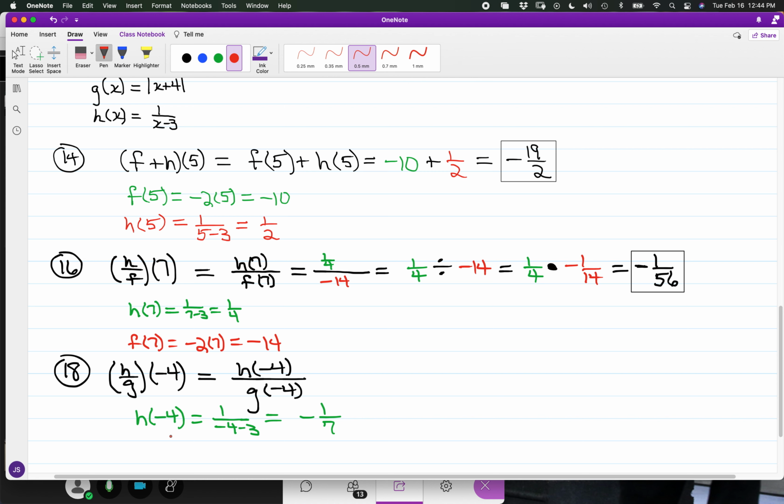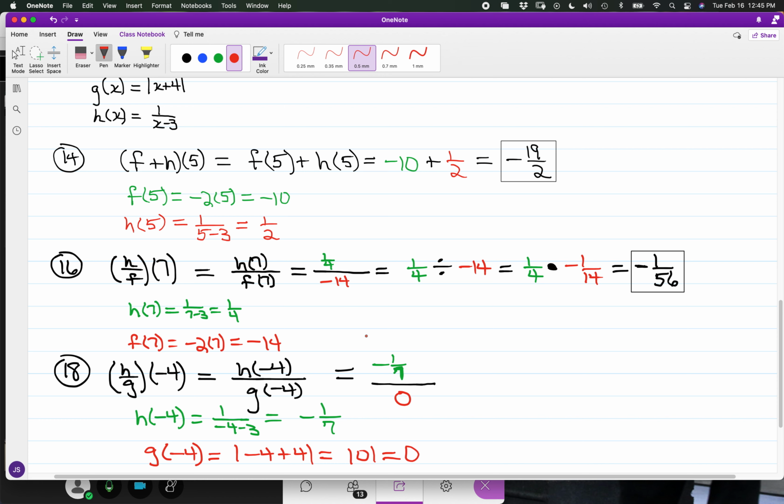And in the case of g of negative 4, you have the absolute value of x plus 4, so negative 4 plus 4. The absolute value of 0 is going to be 0. So filling in, h of negative 4 is negative 1/7, divided by g of negative 4, which we found to be 0.